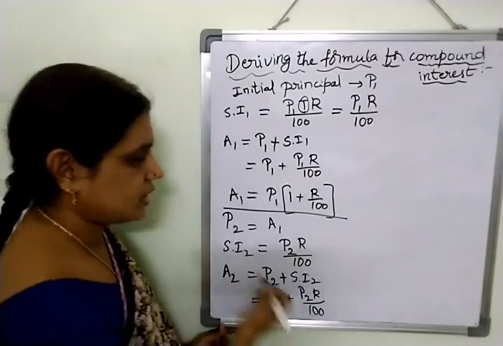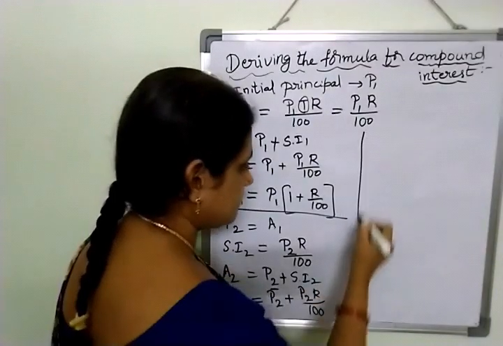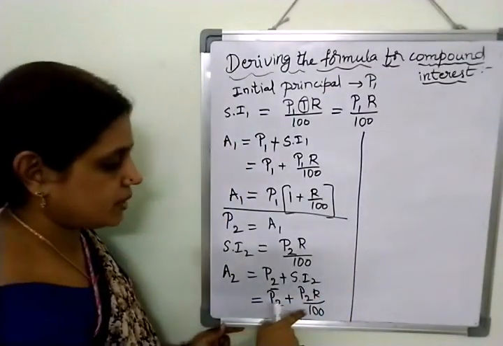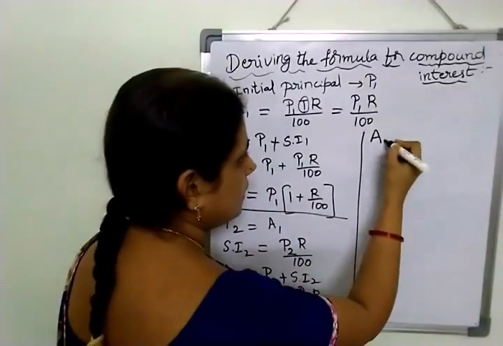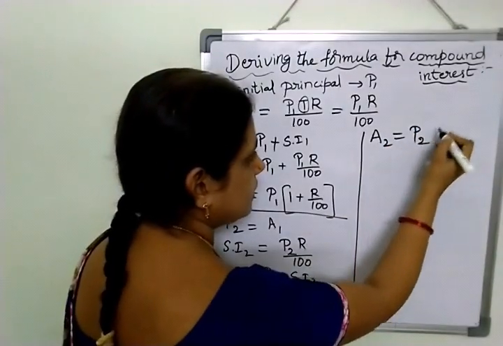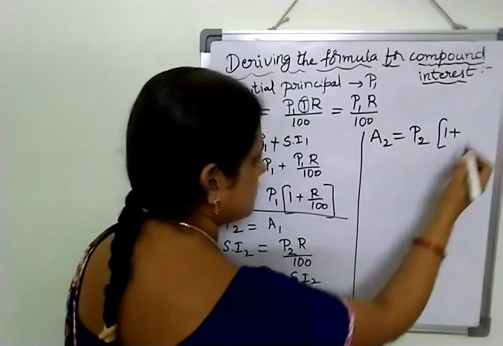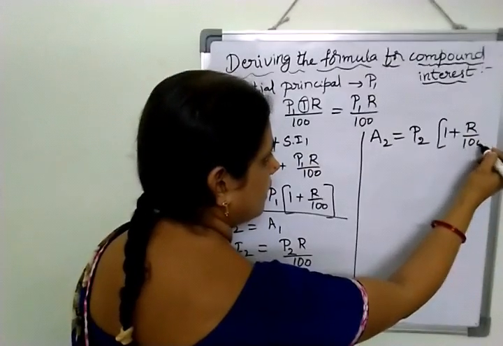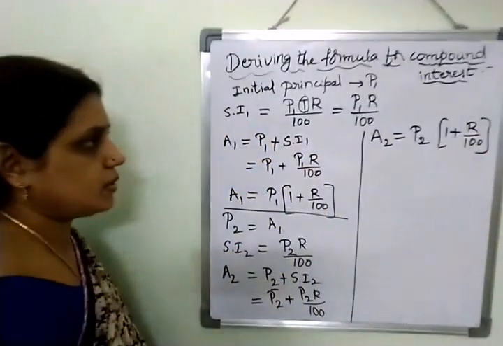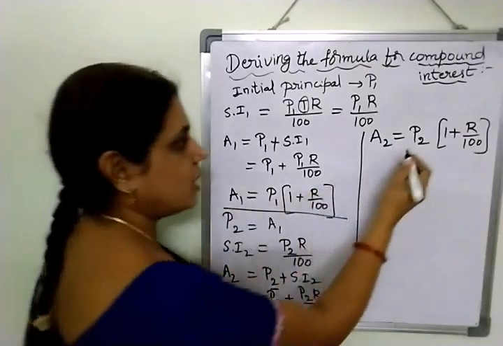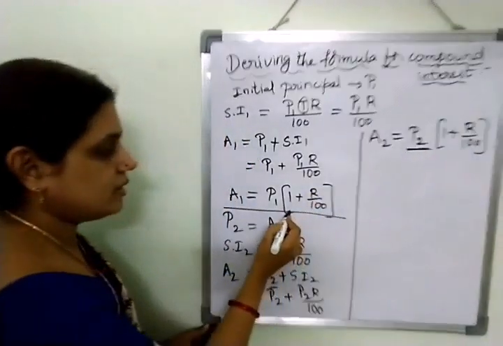So let us write first like this, and then here P2 plus P2 R by 100. What is common? A2 equal to P2 is common, so 1 plus R by 100. But actually what is P2? P2 is nothing but A1. Now in place of P2 we can write this one.